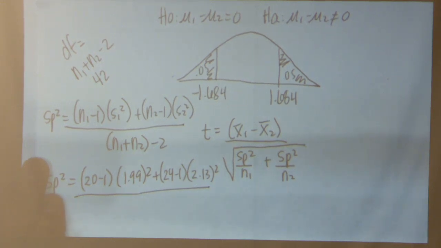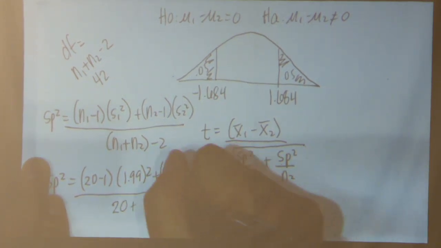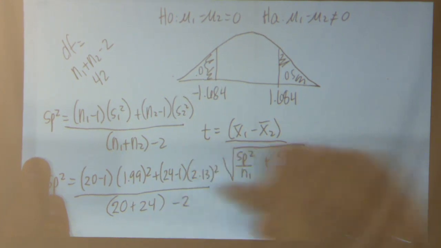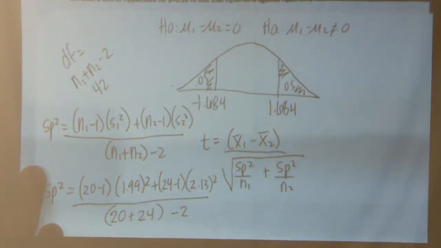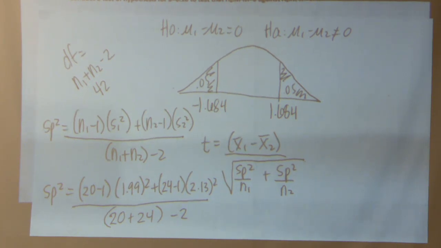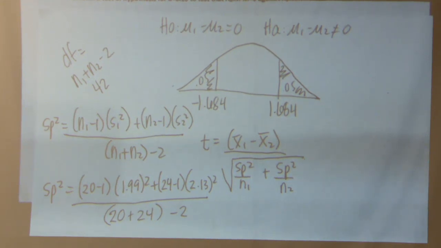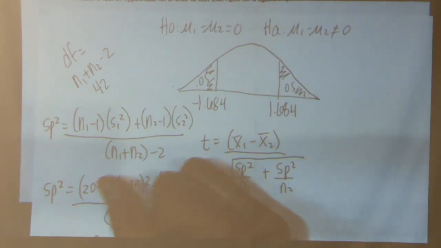All over both of our n values, 20 plus 24 minus 2. So we should get around 4.3.